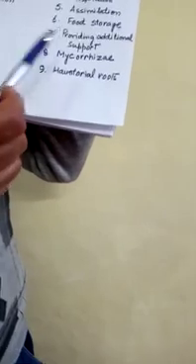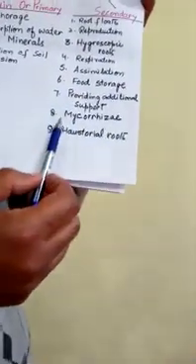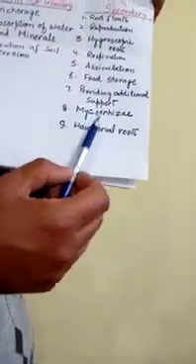The roots of some plants behave as fungal hyphae, known as mycorrhiza, and these fungal hyphae help in the absorption of nitrogen and phosphorus from organic sources.